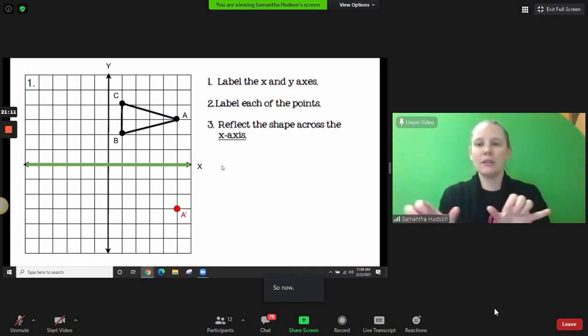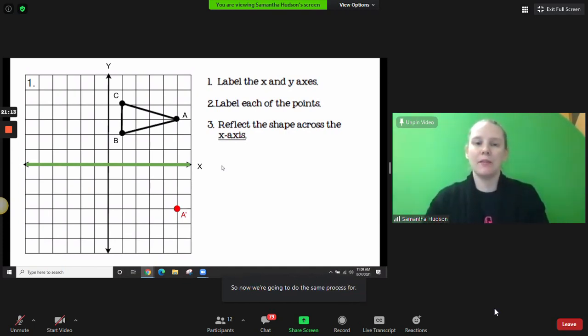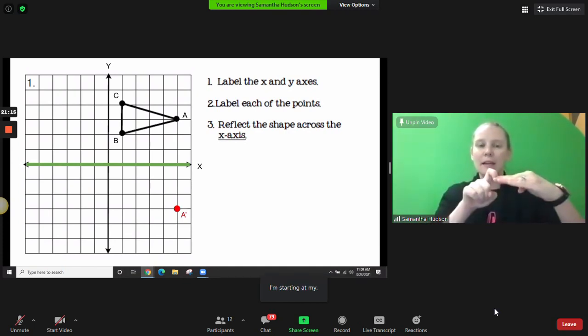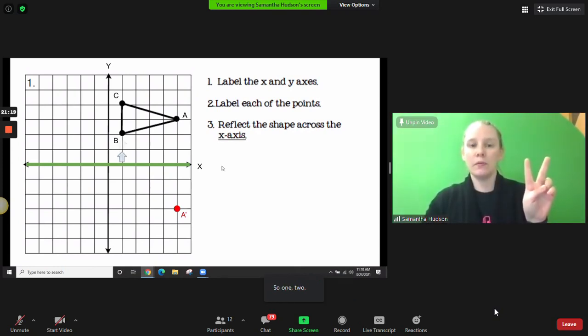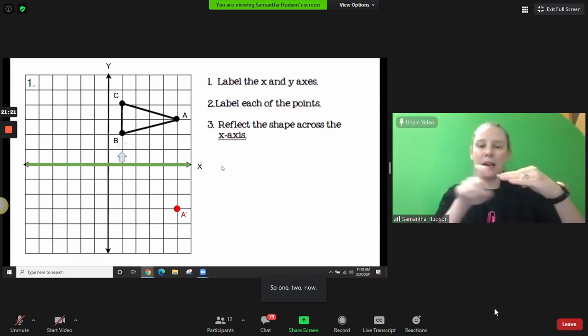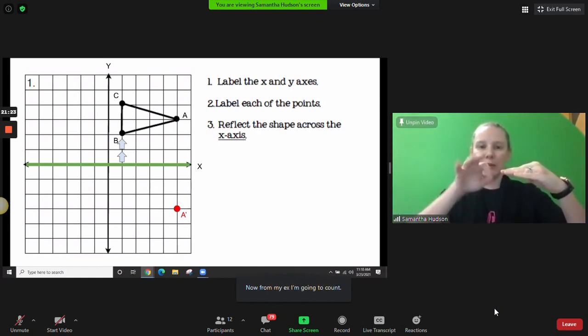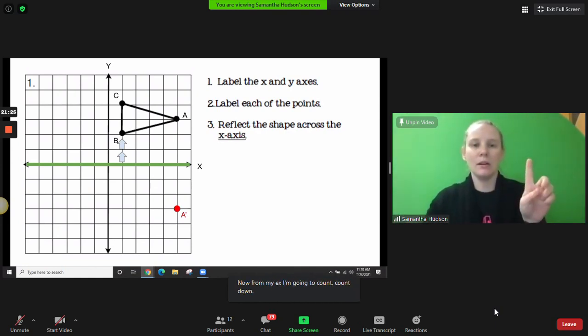So now we're going to do the same process for B. I'm starting at my X and I'm going to count. So 1, 2. Now from my X, I'm going to count down. 1, 2. So I put my point and I'm going to label B prime.